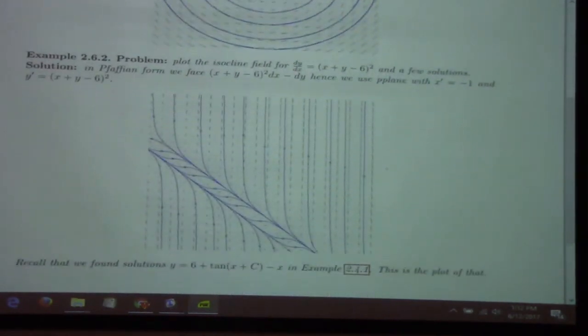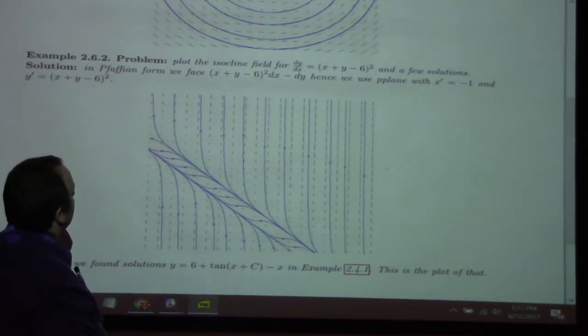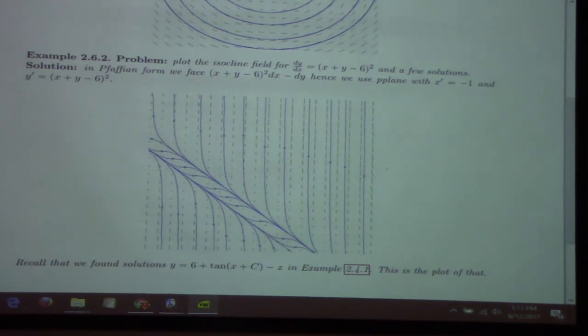Let's see here. Here's another isocline field. This one's for dy dx equal to x plus y minus 6 squared. What I'm saying is the p-plane allows us to plot systems of differential equations, right?